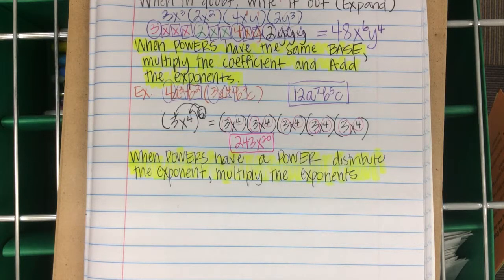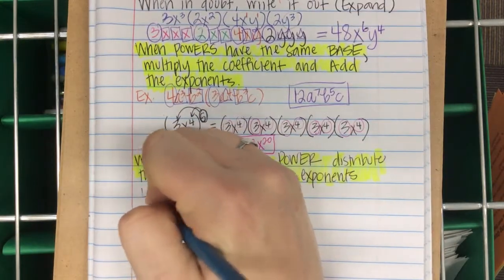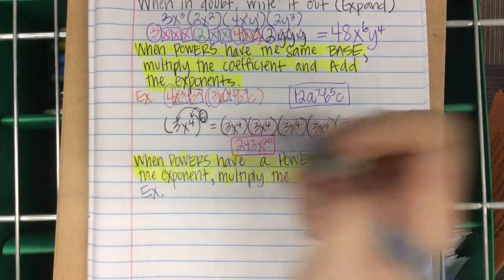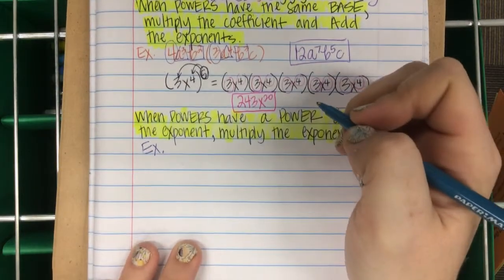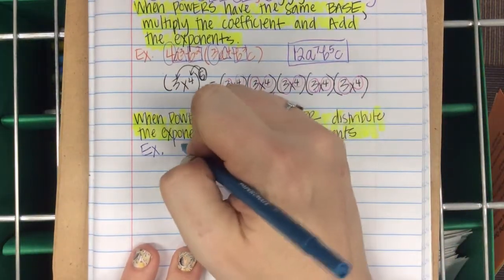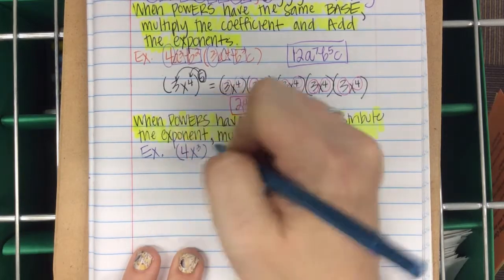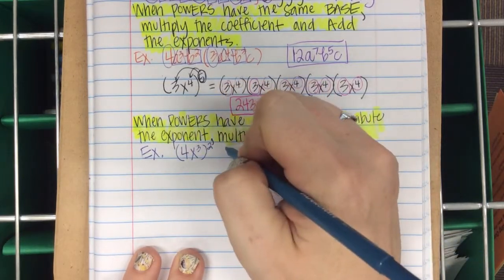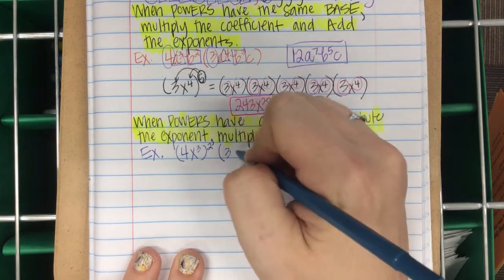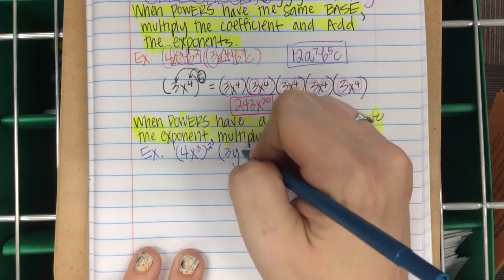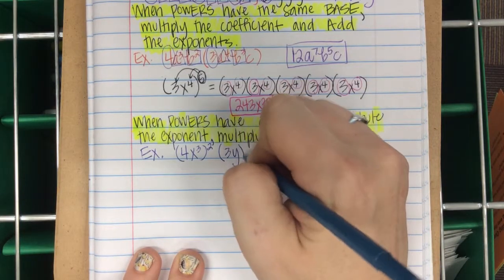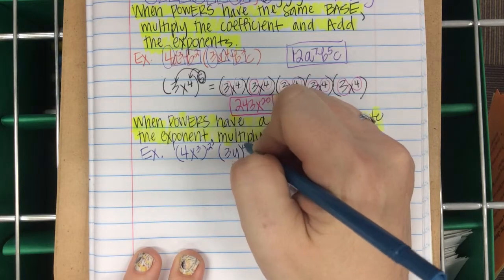So let's try an example. Let's do 4x to the third, squared, times 3y to the fourth.